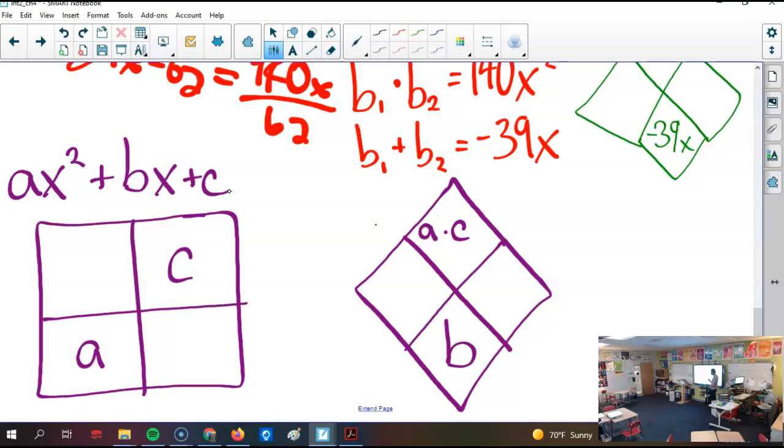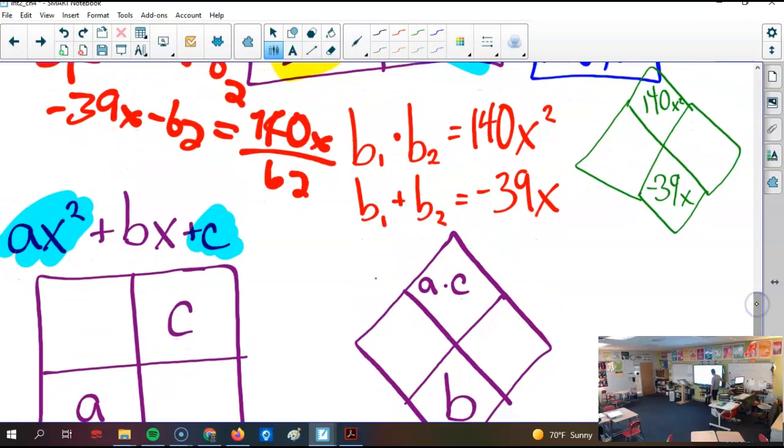So if given a trinomial, we multiply a and c, and you bring the x squared with you. In this situation, that becomes 140x squared, negative 39x.